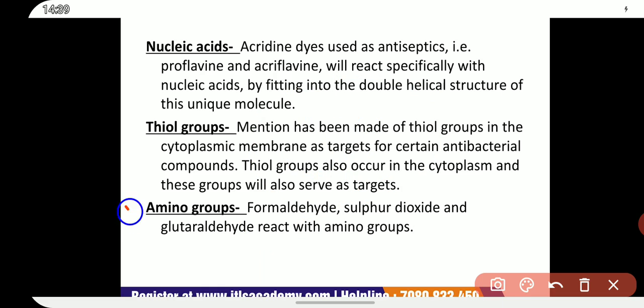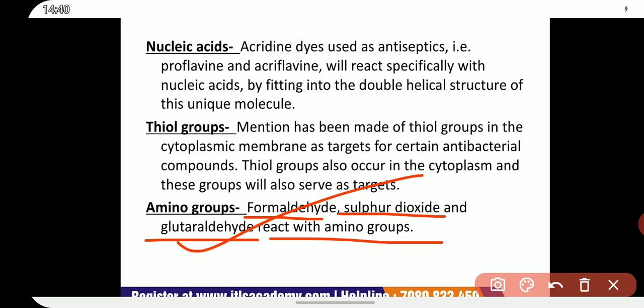Next is amino groups. Formaldehyde, sulfur dioxide and glutaraldehyde react with amino groups. If these groups are essential for metabolic activity, then after the reaction of these compounds with amino group, cell death will follow.